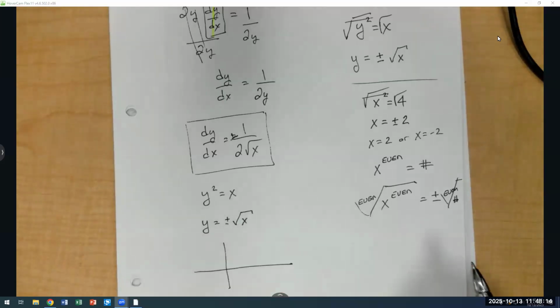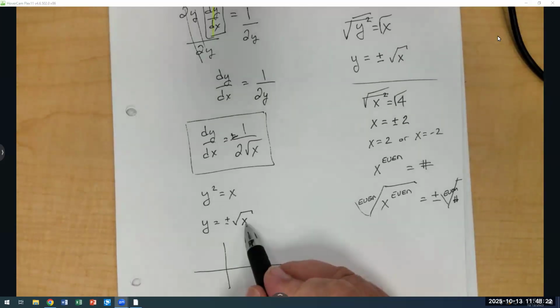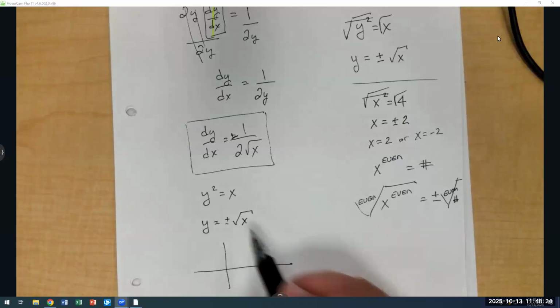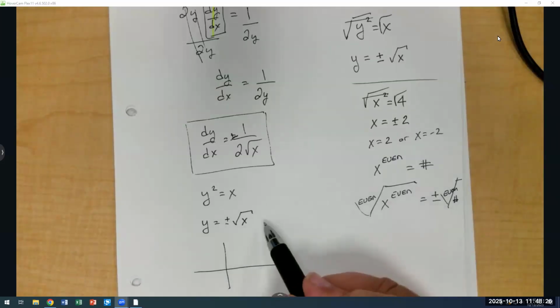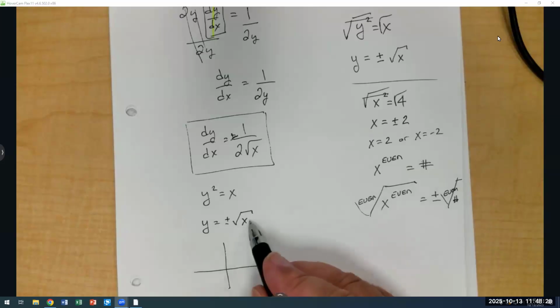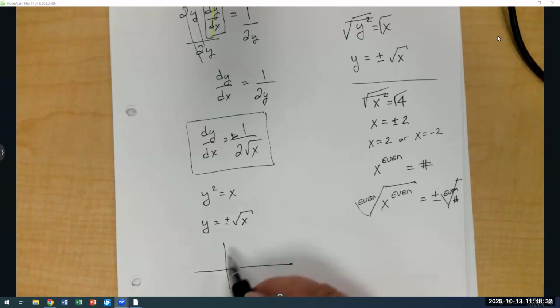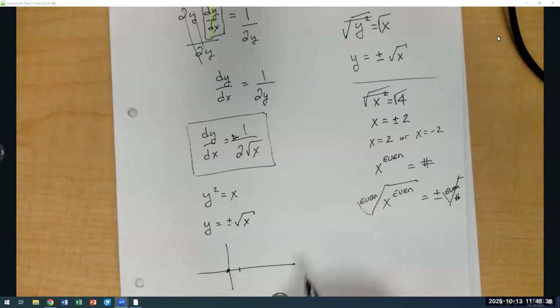What does the graph of the square root of x look like? Well, can x be negative? Square root of negative x? No. Can x be 0? Yes. Square root of 0 is 0. When x is 1, what's y? 1.